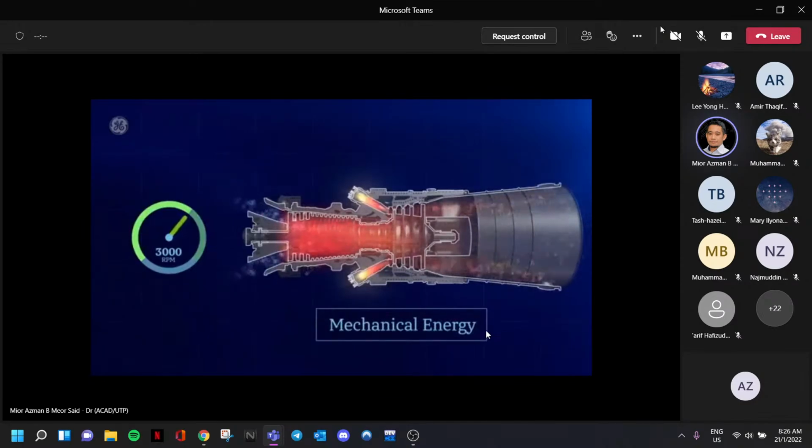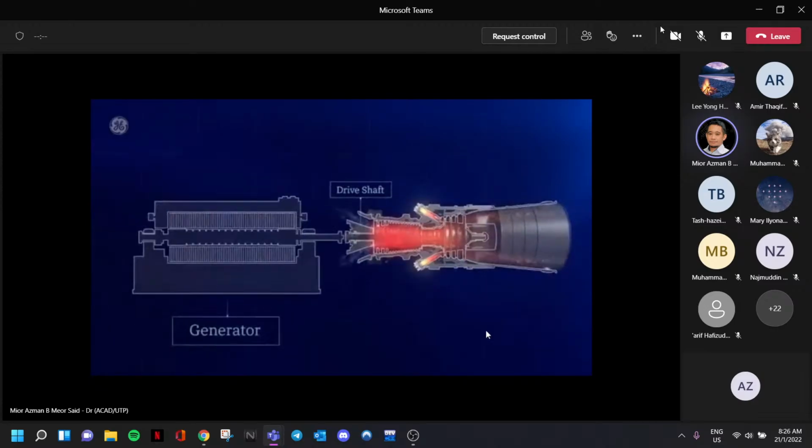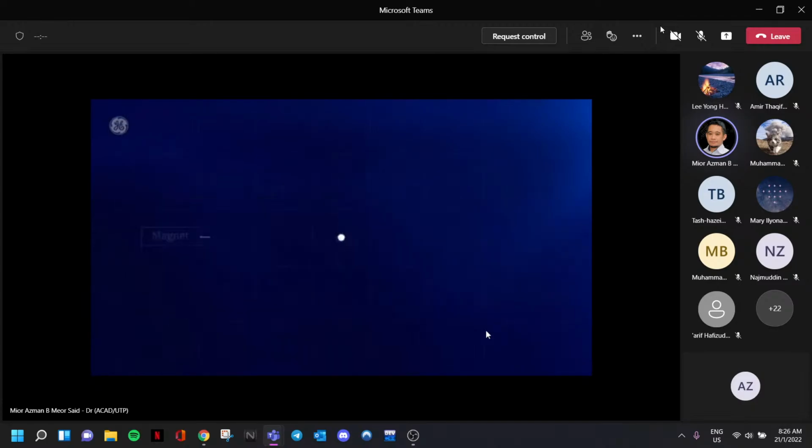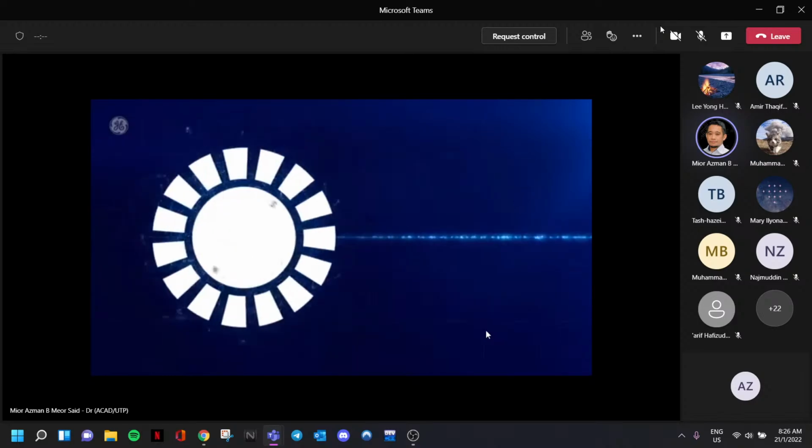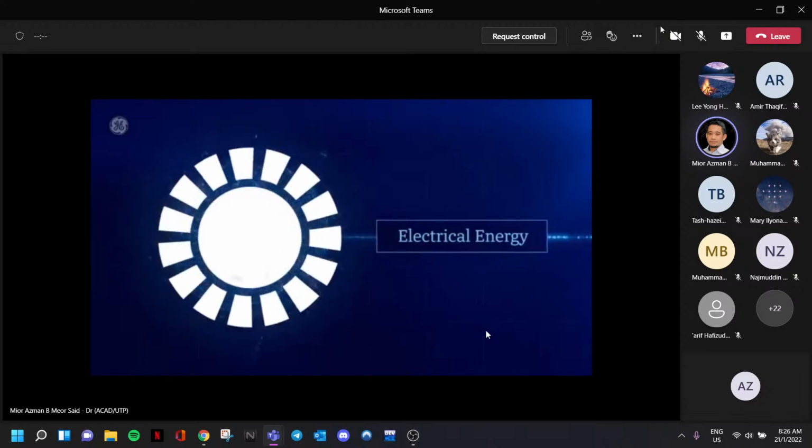The turbine then captures energy from the expanding gas, which causes the drive shaft, which is connected to the generator, to rotate. That generator has a large magnet surrounded by coils of copper wire. When that magnet gets rotating fast, it creates a powerful magnetic field that lines up electrons around the coils and causes them to move. The rotating mechanical energy has now been converted into electrical energy, because the movement of electrons through a wire is electricity.